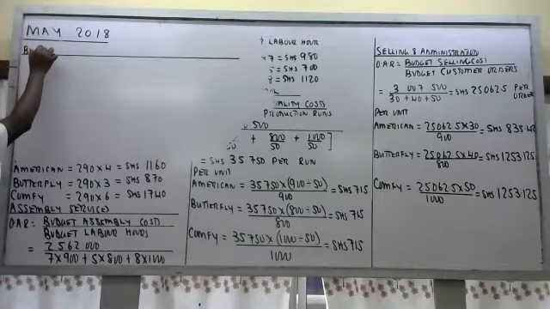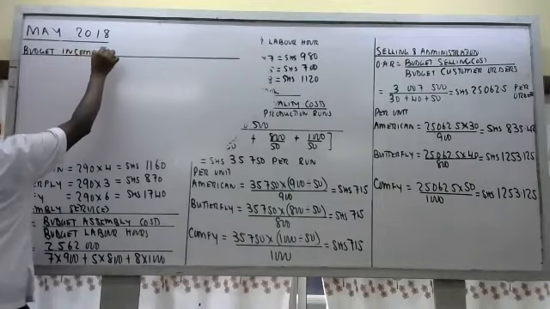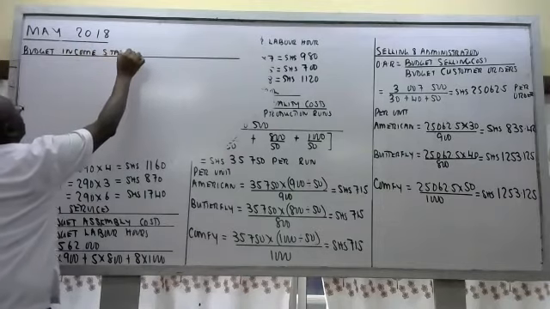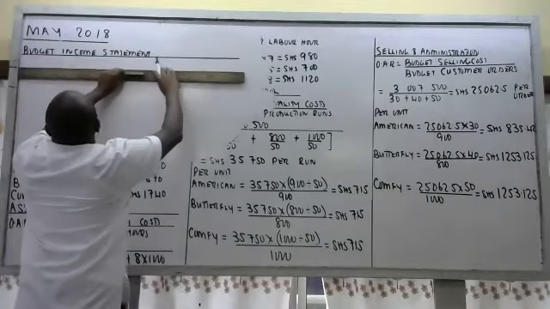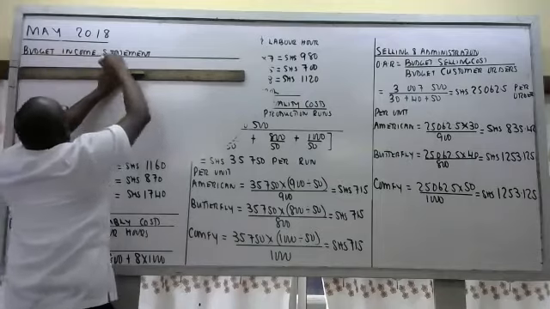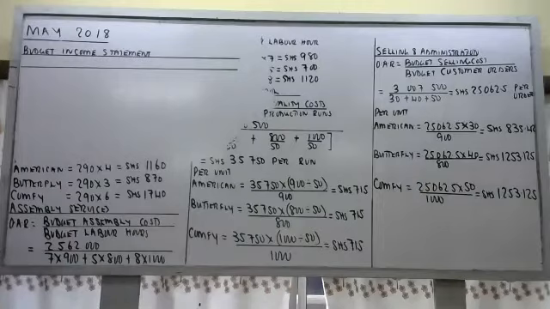So budget income statement. I want to avoid repeating the details, so let me arrange it this way.